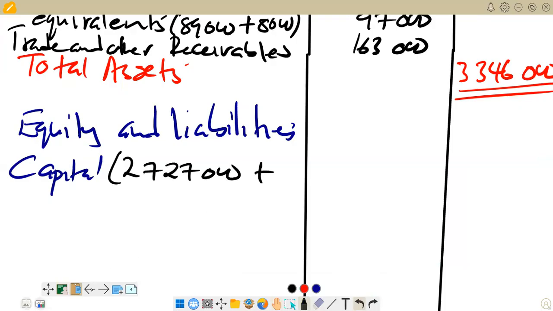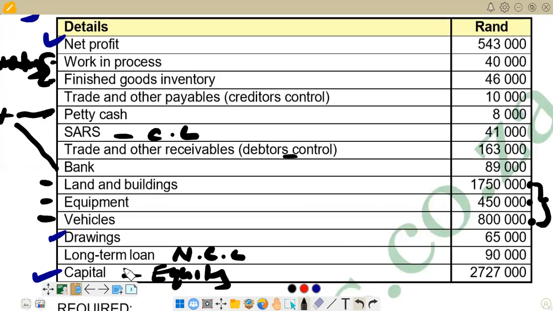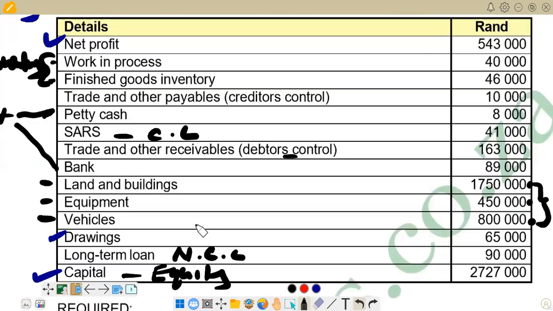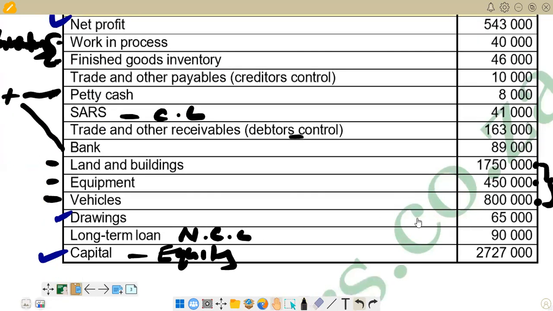We add our net profit. Let's check the figure. Net profit is 543,000. Subtract the figure for drawings. Drawings is just below. Drawings is here, 65,000. So subtract it.